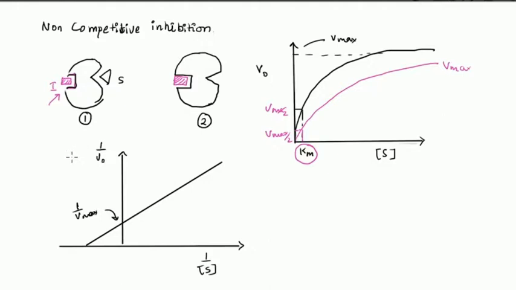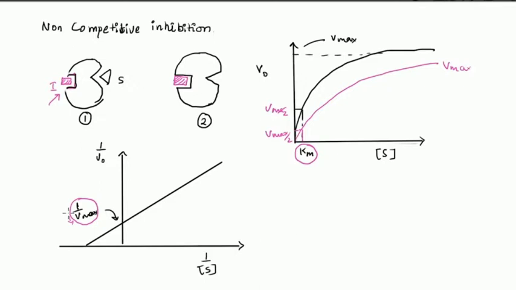Now when we give the inhibitor and we draw it in this Lineweaver-Burk plot, like I said, the Vmax decreases, the Vmax comes down. So the overall 1 by Vmax should increase.